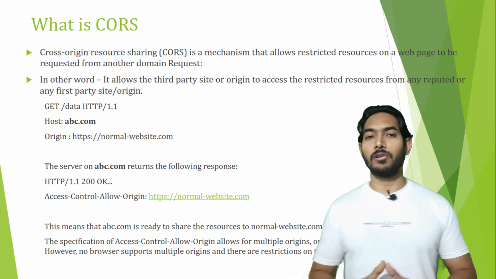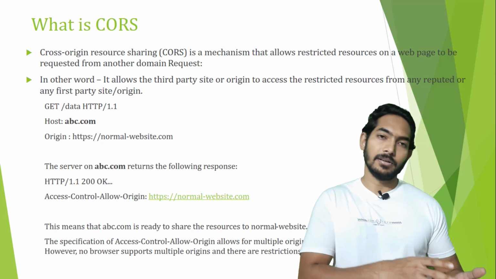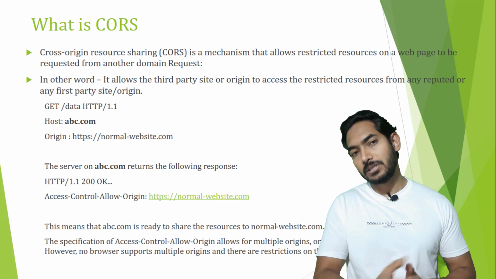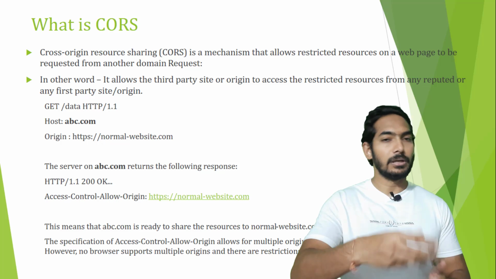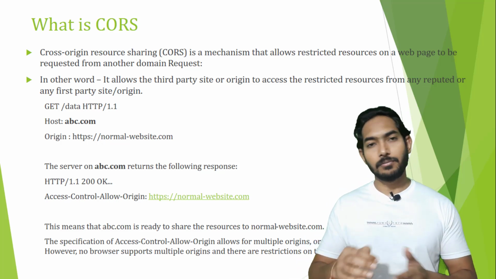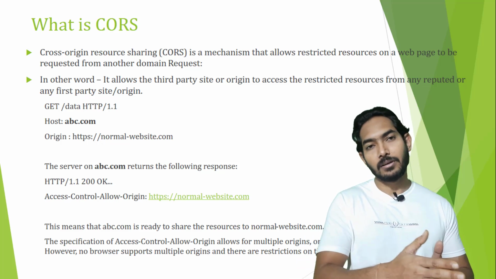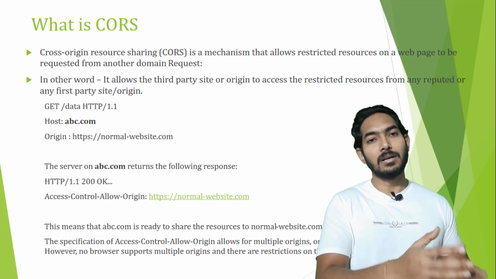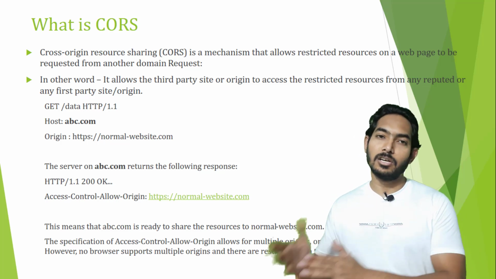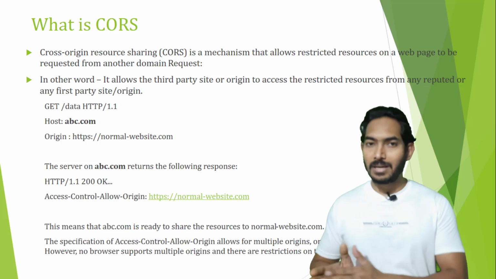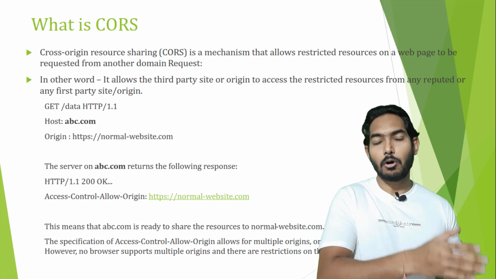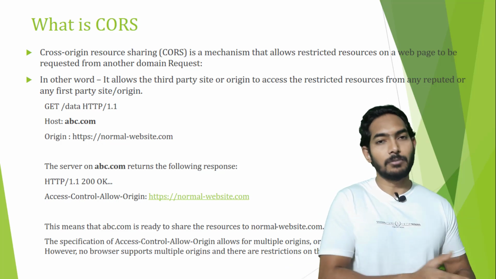This is nothing but CORS, guys, because there are some sites where sensitive pages or sensitive information lies in between. And if cross-origin resource sharing is enabled between the cross-origins, any third-party site or any other site can access these private or sensitive resources from this site.